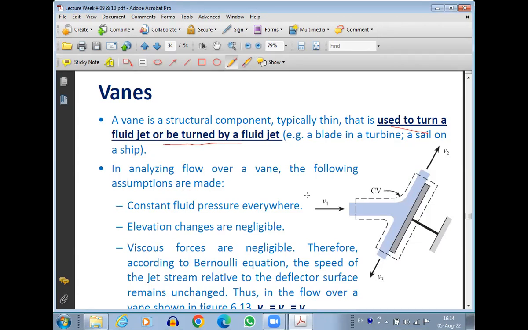For example, the blades of the ceiling fans that we have are vanes. When the fan is running, its main objective is to take the air from the upside and push it downside so that we can actually feel it.